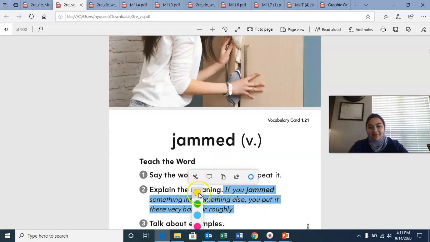It doesn't easily fit, so you have to jam it in there. You could also say, I jammed my finger in the door. That means you closed the door on your finger. Ouch, that's going to hurt. It was very hard and very rough. If you need more time, you can pause the video now.